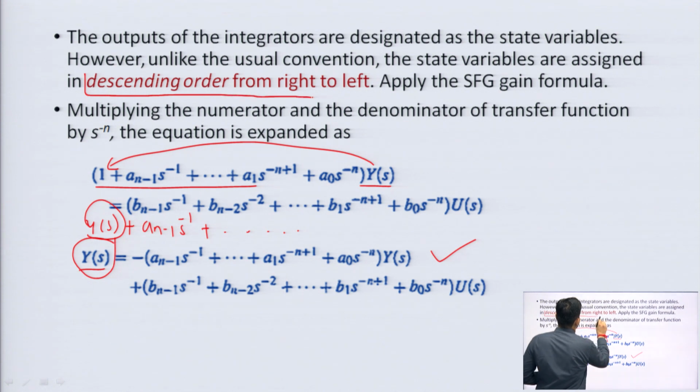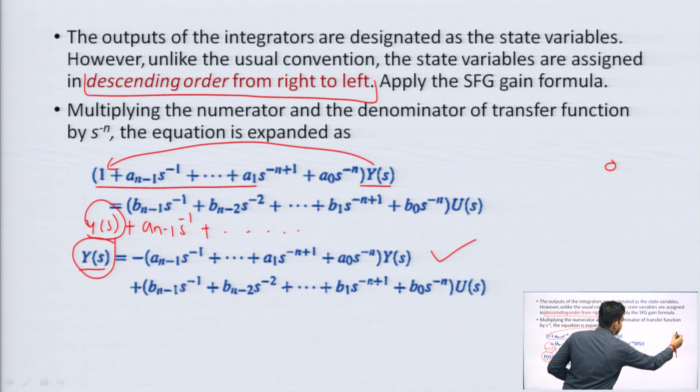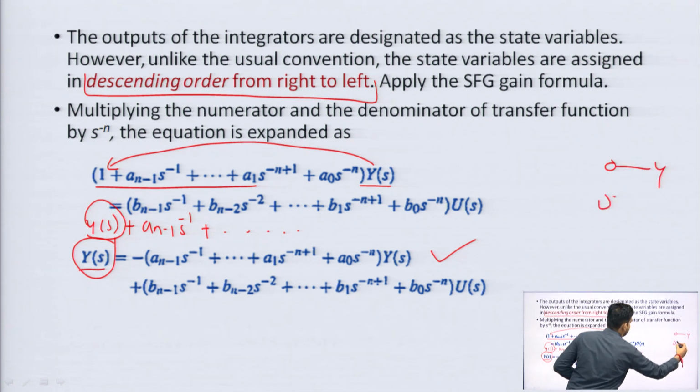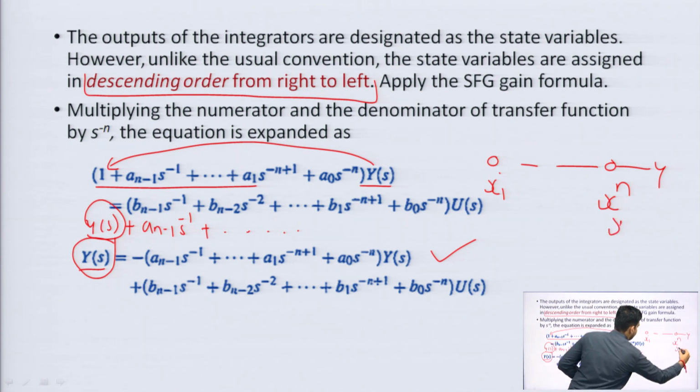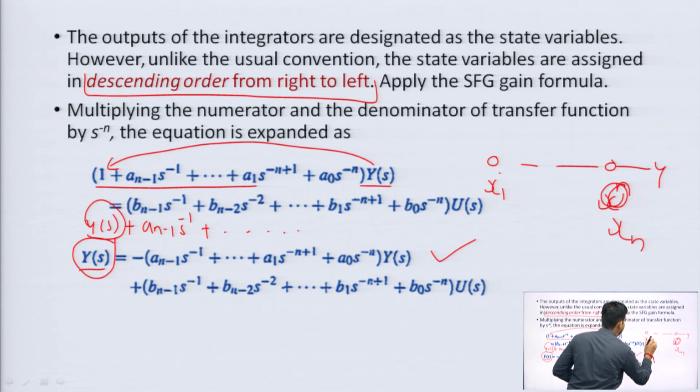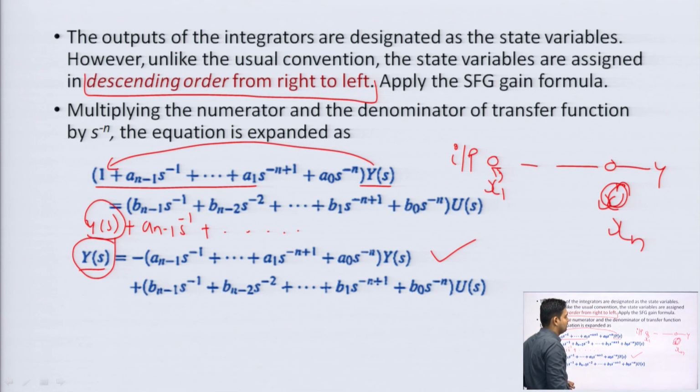Now we need to see the position of the state variables, which we keep in descending order from right to left. It means the node near the output is the nth state variable x n, and the node near the input is the first state variable x 1. This is different from the controllable canonical form.